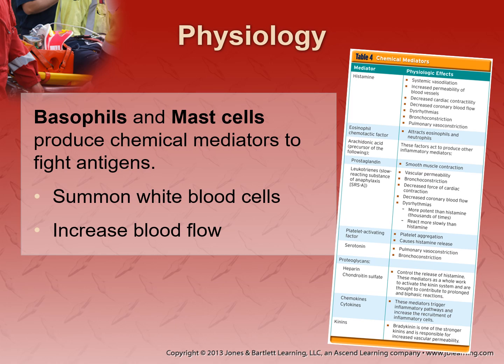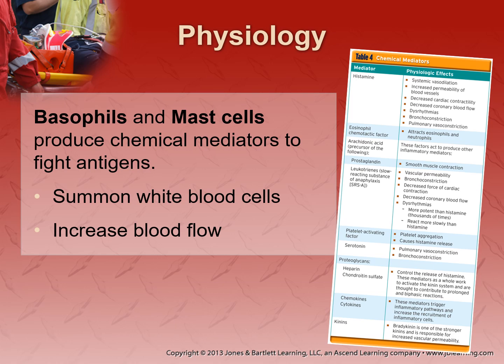Why our body does this is it will summon the white blood cells to that area. A lot of what we're going to be seeing here is vasodilation, maybe lowering our blood pressure as part of that.